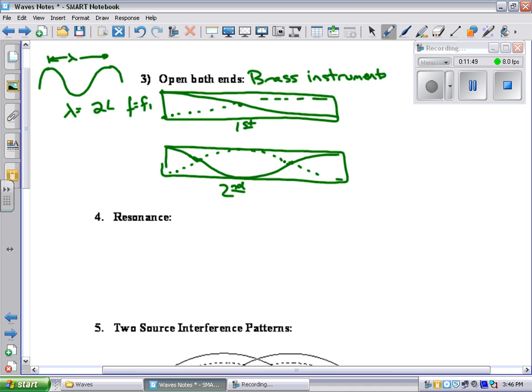And the wavelength is equal to the length, because when I go from this crest to this crest, that's going to be a wavelength. And from here to here, I have the wavelength, so the frequency doubles. So F equals 2 times the original frequency. So brass instruments have all the harmonics, even and odd, just like the stringed instruments do.